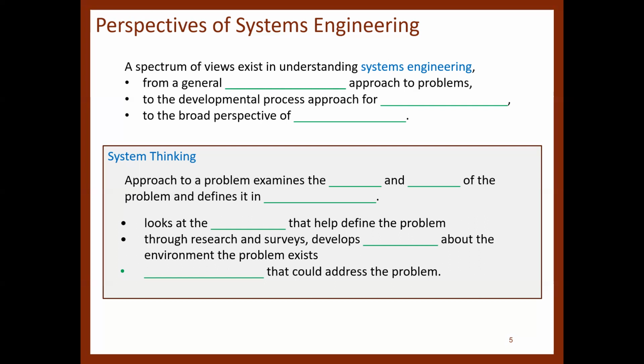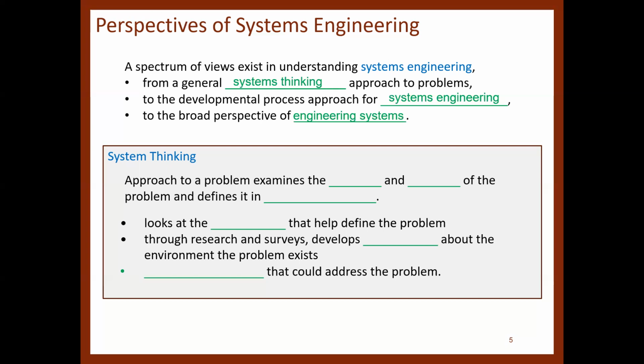But a spectrum of views exists in understanding this field, from a general system thinking approach to problems, to the developmental process approach for systems engineering, to the broad perspective of engineering systems. And we're going to talk about the difference between systems thinking, systems engineering, and engineering systems now.